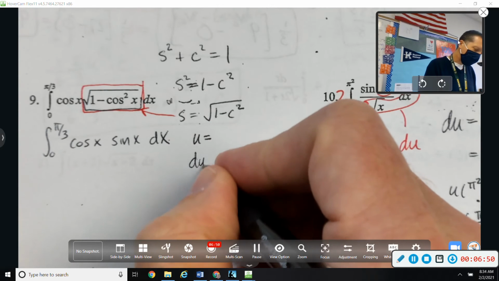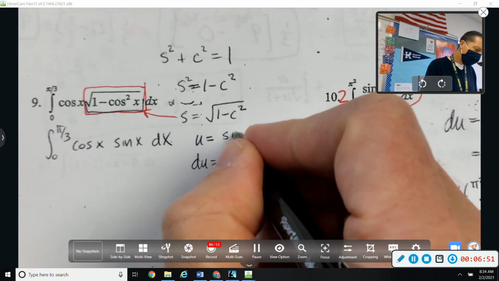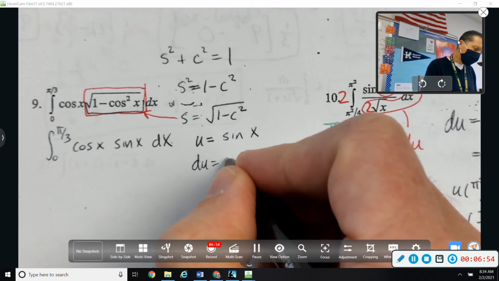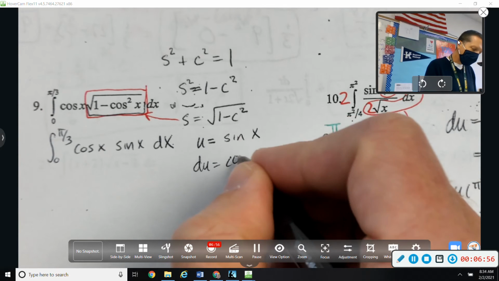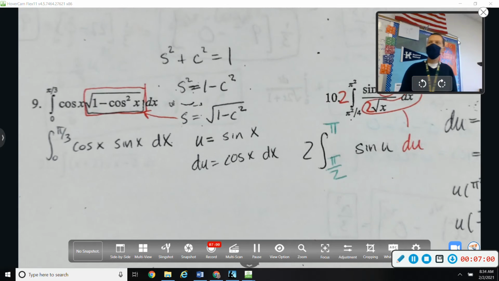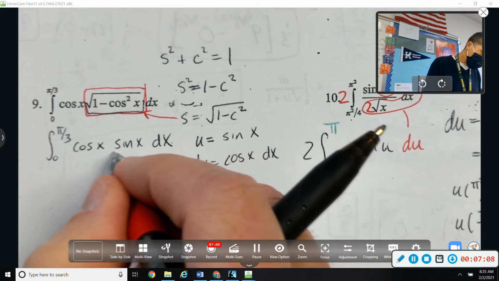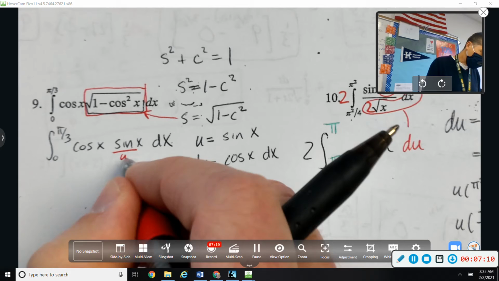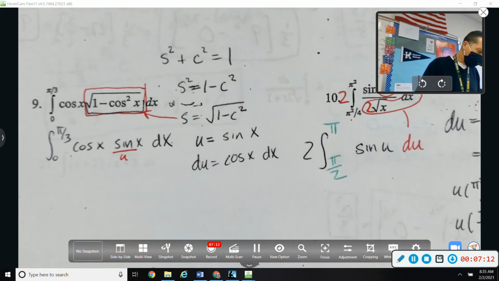Why sine? It stays positive. If u is sine, then du is cosine, and I don't have to worry about any negatives in there. If I do it the other way around, it'll still work. I'll just have negatives to worry about. So there's u, and the rest of this stuff was du.